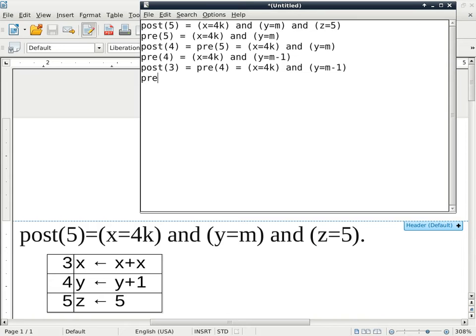All right. So the question now is, knowing that after line 3 executes, we know that x equals 4k and y equals m minus 1, can we say something about the variables before line 3 executes? What do you think? x equals 2k, or you can say 2x equals 4k. 2x equals 4k is saying the same thing, and y equals m minus 1 does not get changed because line 3 does not affect either y nor m.